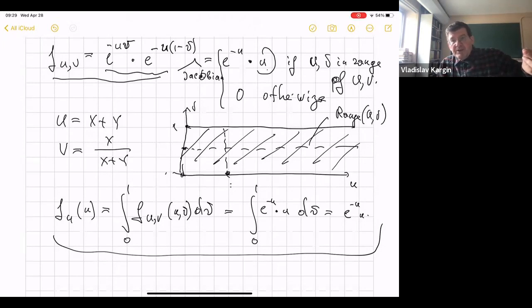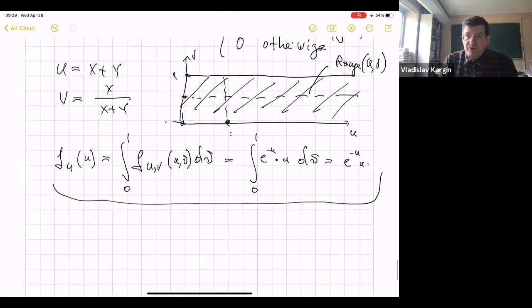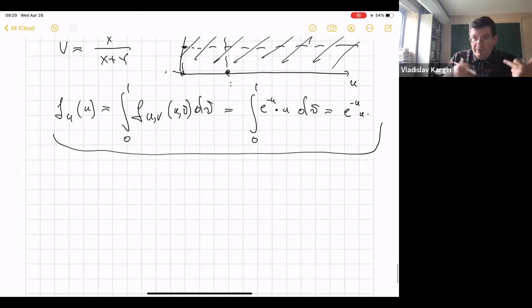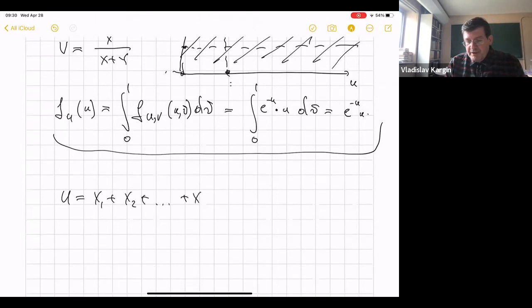And it becomes not very easy to calculate if we have a function u equal to f of x, y, and this function is not one-to-one. So it's one function of many random variables, and this is an important class of functions. An example would be, like before, u equal to x1 plus x2 plus so on plus xn.